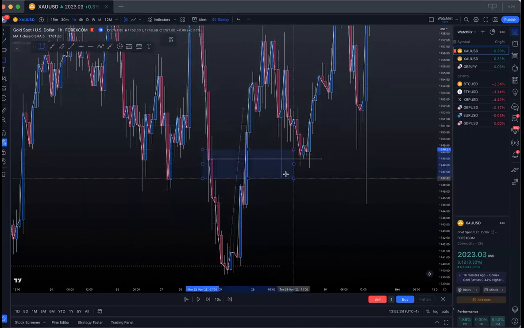When you see this level get rejected once, you're like, okay, fine. So my logic is this open and close was the cause of this breakout. Price just broke out to the upside and it's retesting this level.